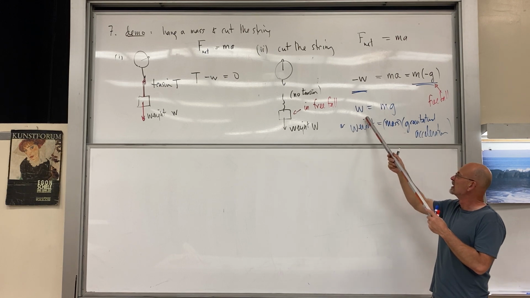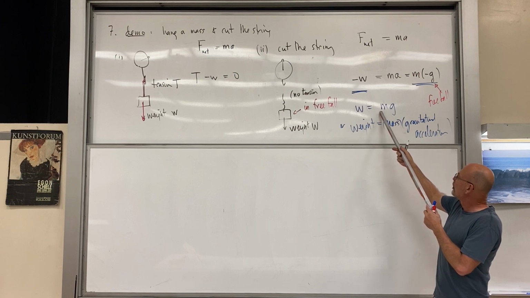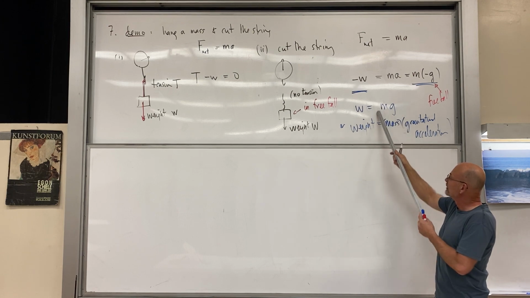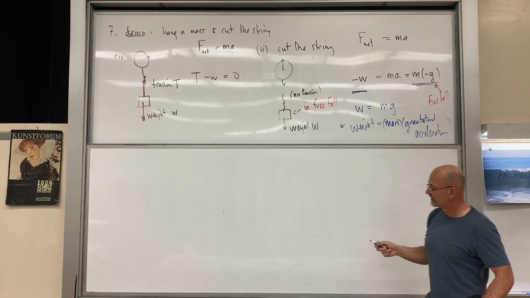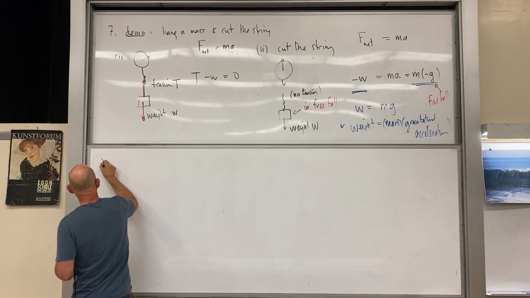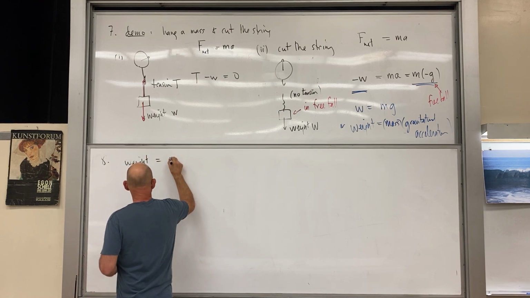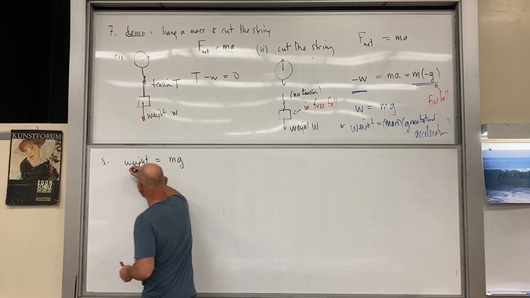We have other symbols we need the W for, other concepts. Whenever we have a weight, we're pretty much always going to write m times g. So once again, I'll just write it out in words. Weight equals m times g.